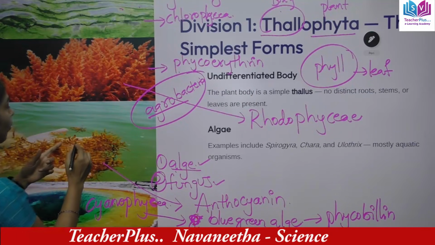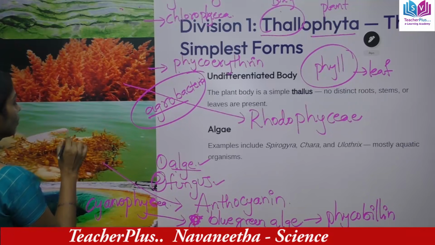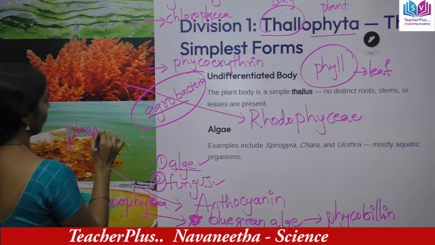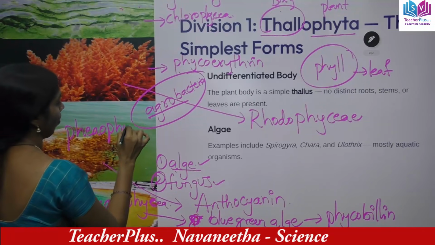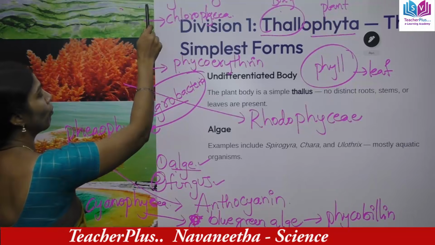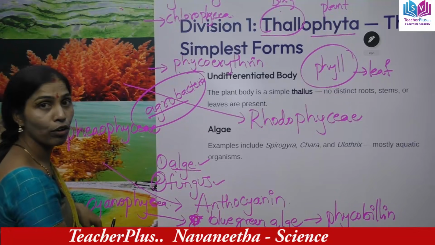And sorry, I forgot to say, the brown algae is also called phaeophyceae. Okay, chlorophyceae, rhodophyceae, phaeophyceae and cyanophyceae.